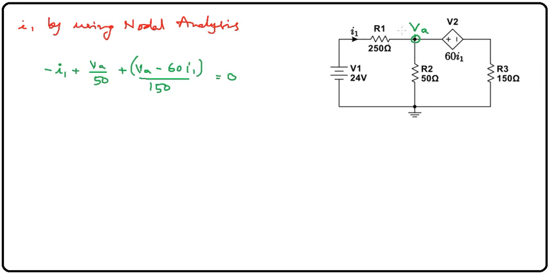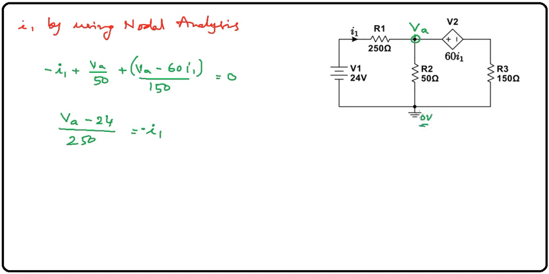So we can say by using this, VA minus 24 divided by 250 is equal to I1. Sorry, is equal to minus I1. So this is the current flowing. According to nodal analysis principle, VA should be more compared to any other voltage.